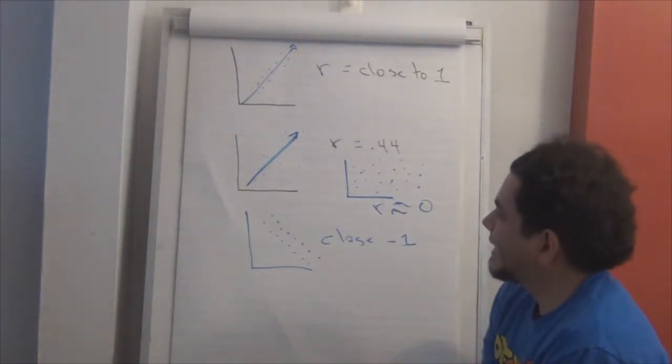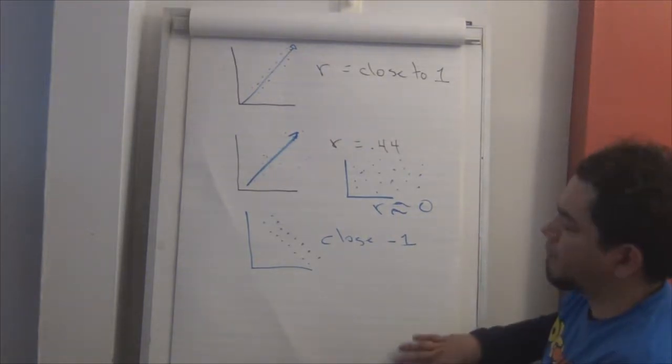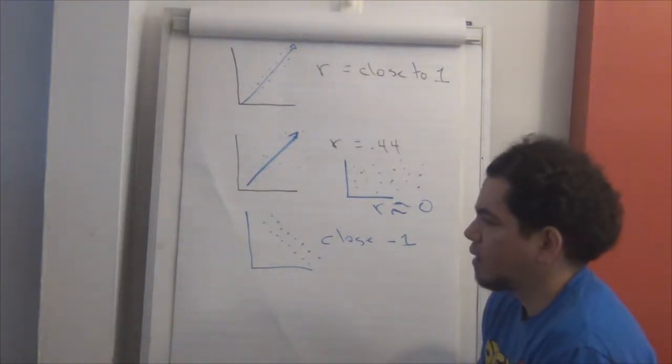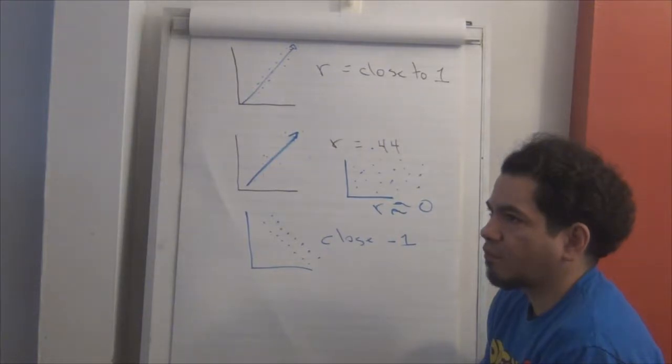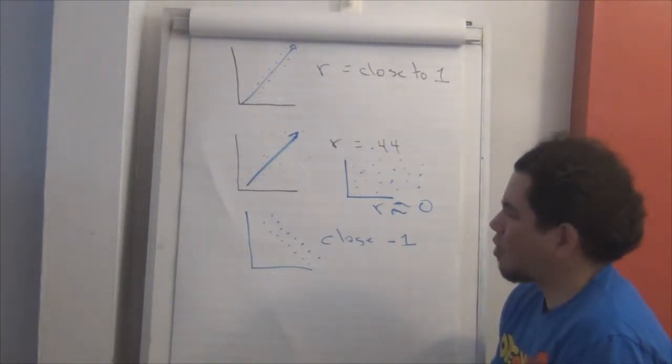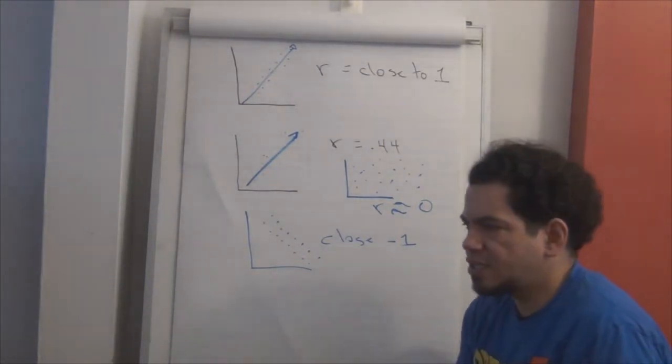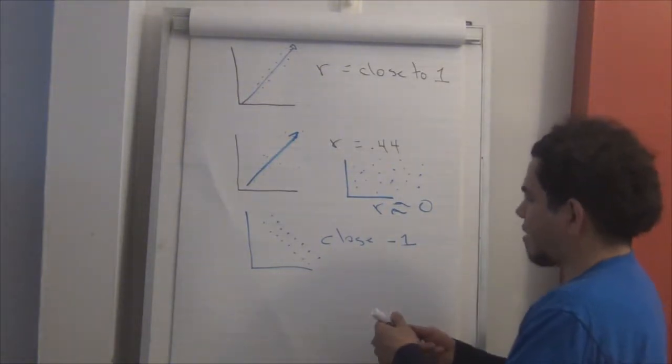Now let's talk about the coefficient of determination. It is represented by R squared.